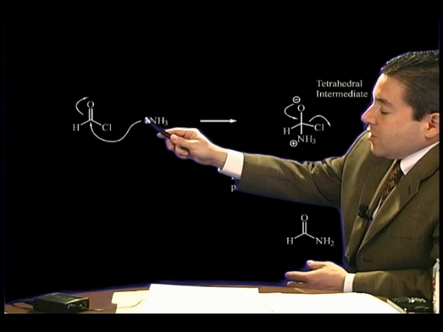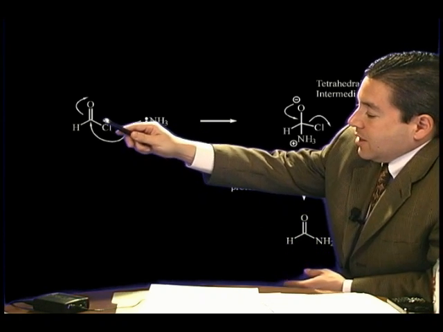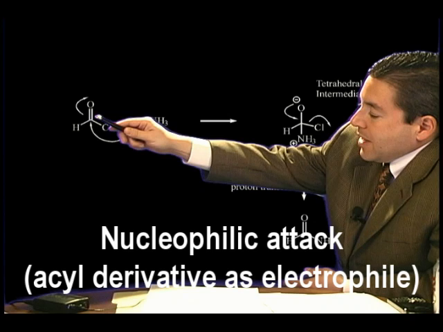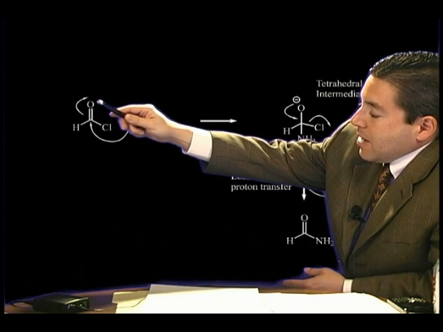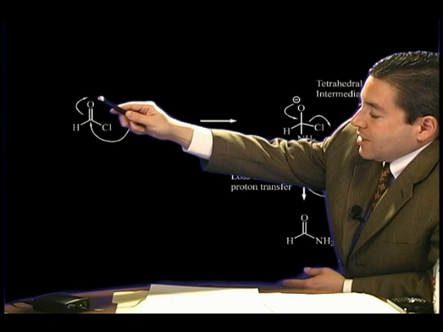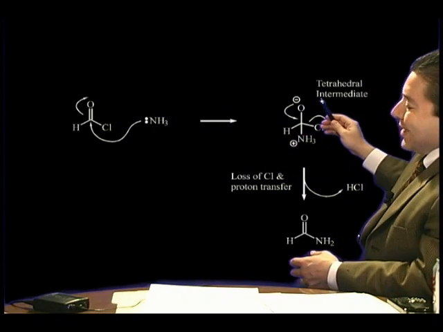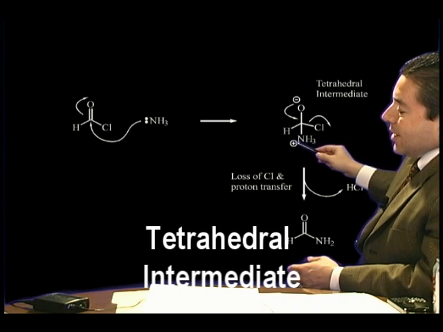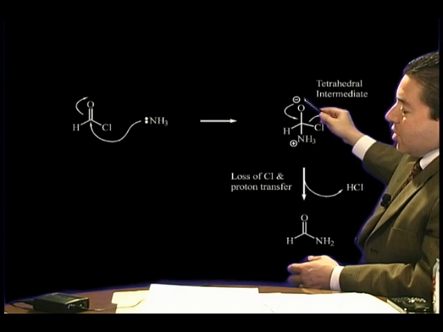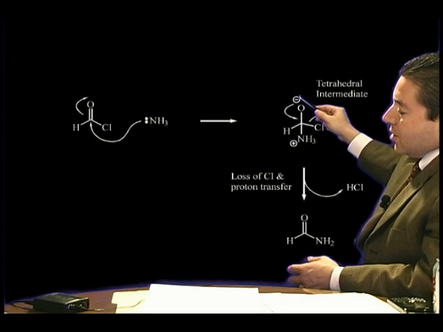So this nitrogen has a lone pair, attacks the electrophilic carbon of that acyl derivative, and then the pi bond in the double bond to the oxygen goes out to the oxygen, and you get a tetrahedral intermediate here. And that tetrahedral intermediate has a separation of charge with unstable electrons on this oxygen, transiently there as an intermediate.